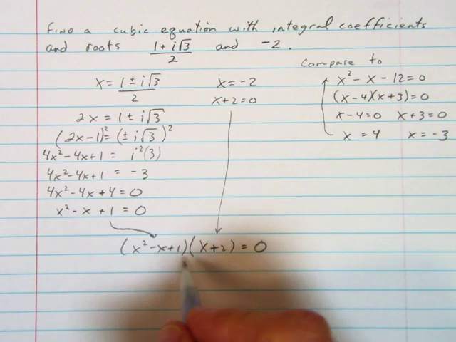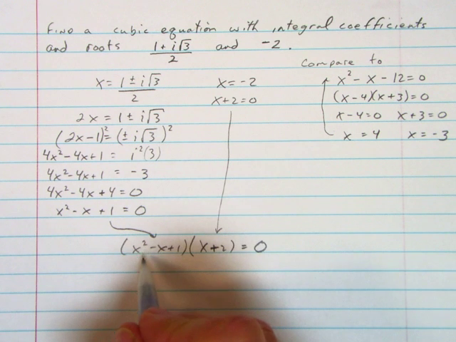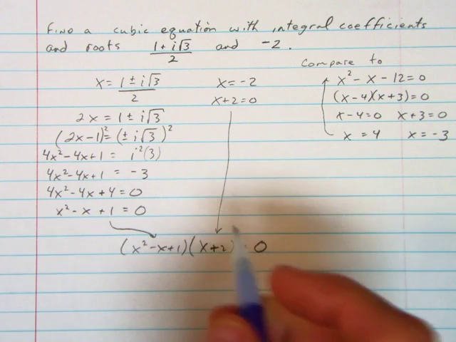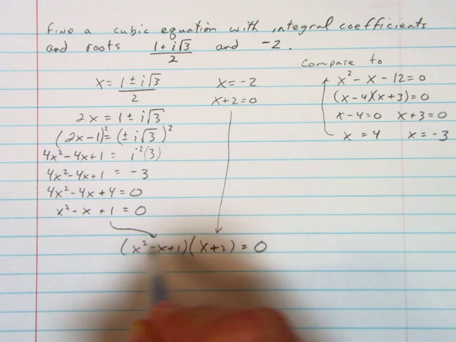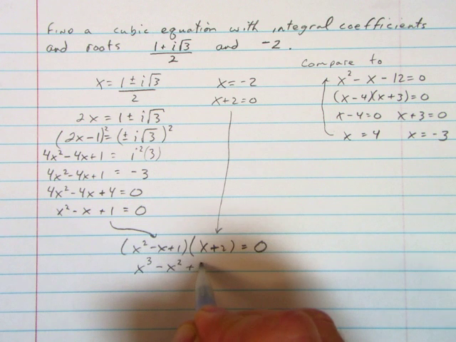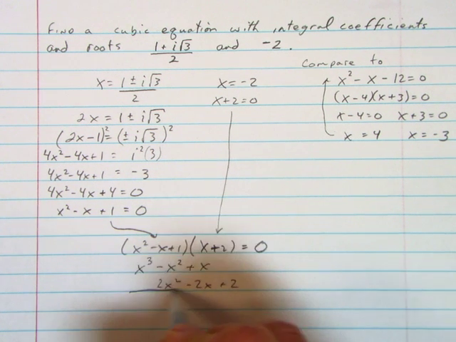Now we just need to multiply it out. You can multiply it out any way you want. I found for some people it helps to put them on different lines, but it really doesn't matter. We have x cubed minus x squared plus x, and then the 2x squared minus 2x plus 2.